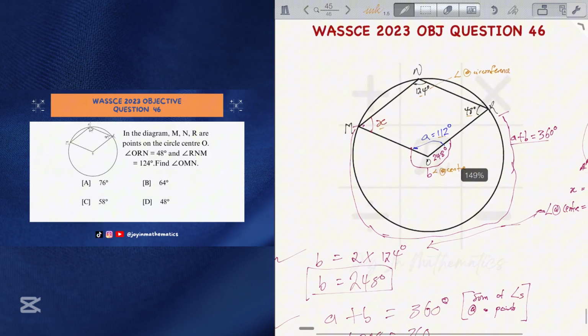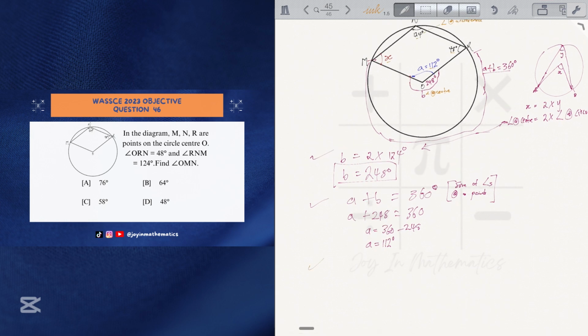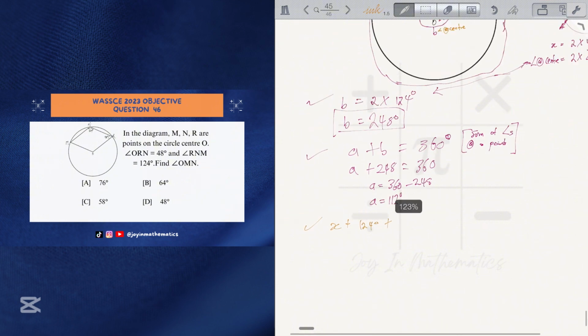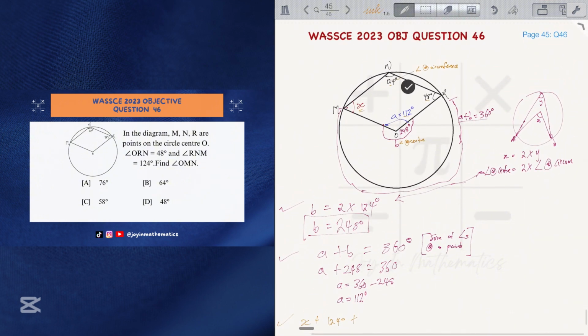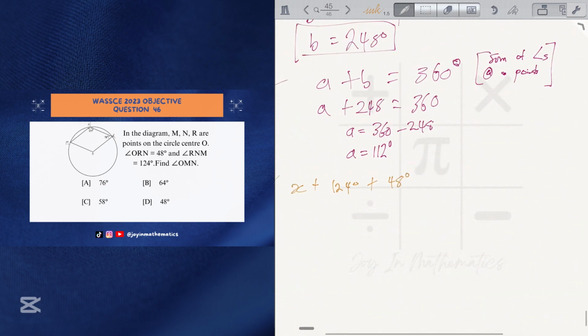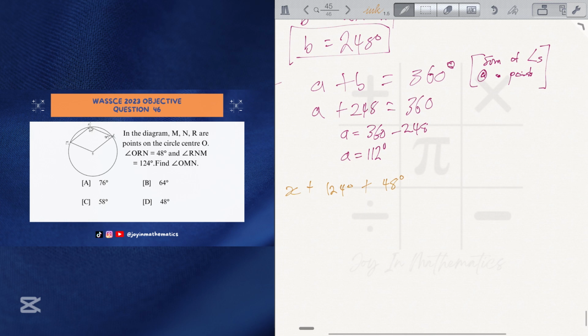So we just have to implement that and say X plus 124 degrees plus 48 degrees plus 112 degrees is equal to 360 degrees.